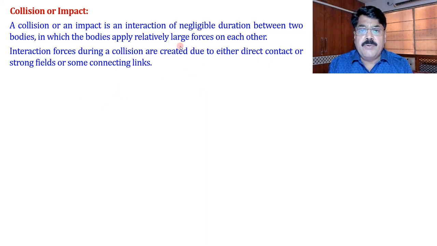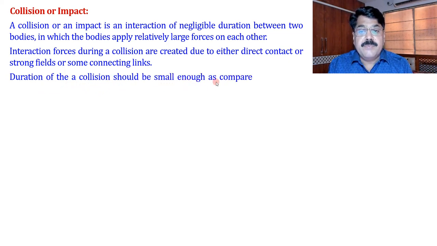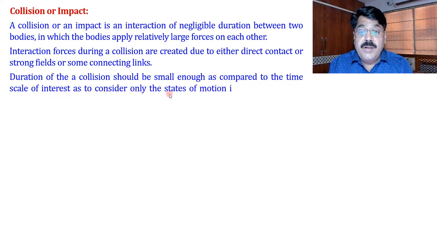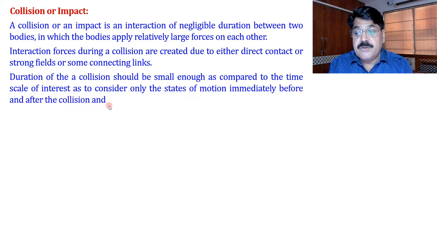Let us come to duration. The duration of a collision should be small enough, as compared to the time scale of interest, as to consider only the states of motion immediately before and after the collision and not during the collision.